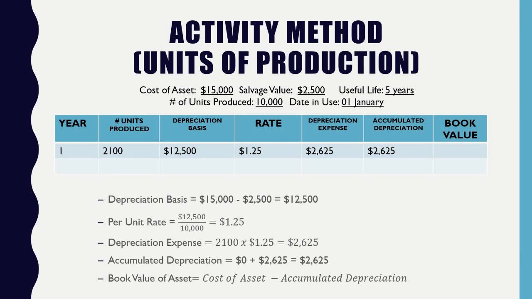Now the last thing that we got to determine is my book value. Now what is going to be my book value? So here I have my cost of the asset minus my accumulated depreciation.